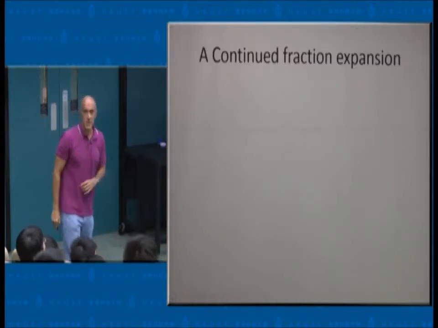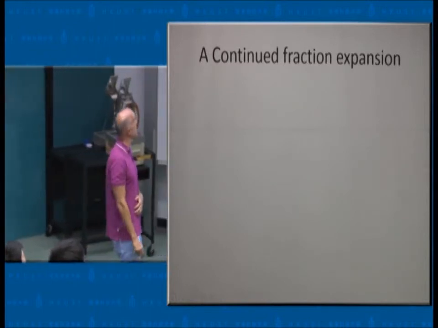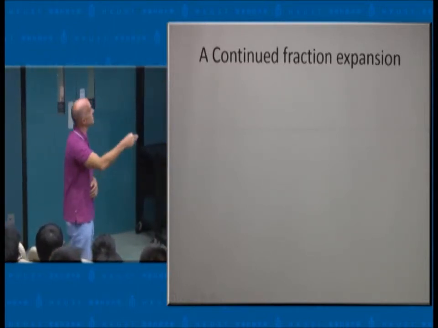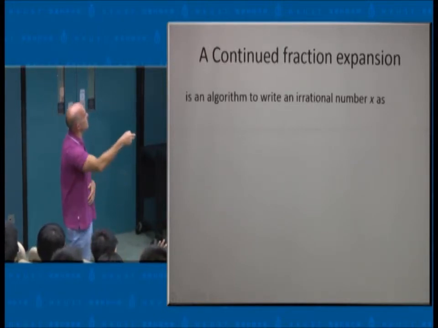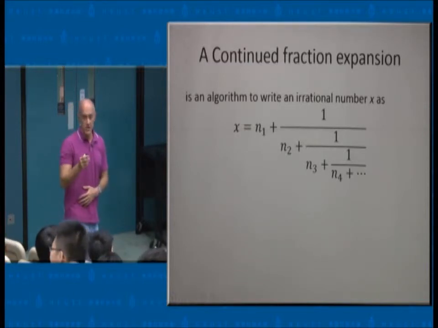Okay. I need to introduce a new mathematical concept here: the continued fraction expansion. This is an algorithm to write an irrational number x as what's called a continued fraction.